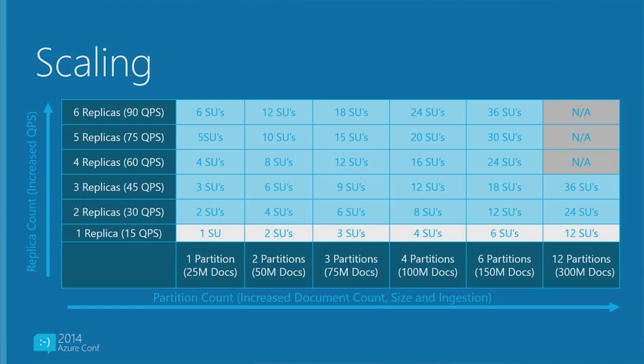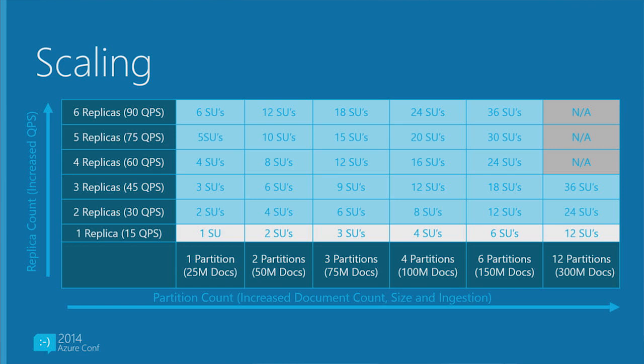Scaling is done in 2 parts. One is the replica part and the other one is the partition part. The partition part is the one that you are going to use if you want to scale the number of documents that you are going to host. So you can have 12 partitions, and 12 partitions means 300 million documents.